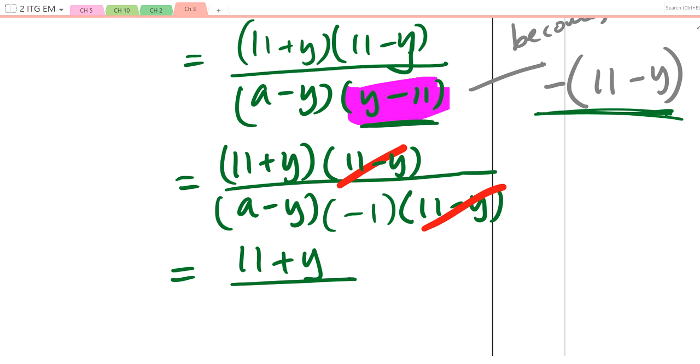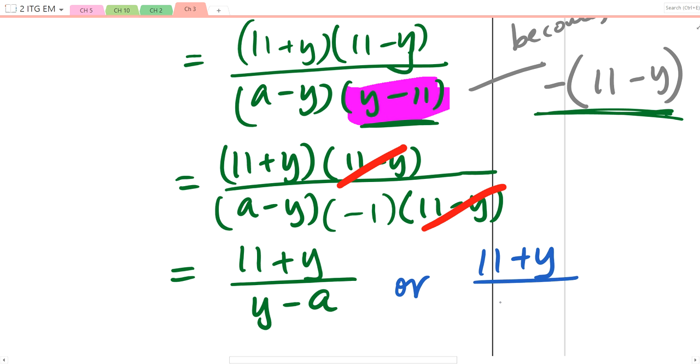Yeah, you're right. In fact, we can even write y minus a, right? Negative a plus y is the same as y minus a. You put a negative sign outside, so you had this as your answer. Or 11 plus y over a minus y with a negative sign. Also correct. This is correct, this is correct.